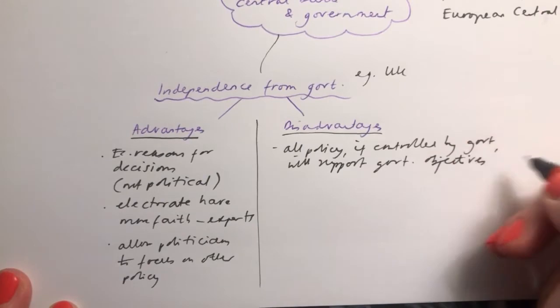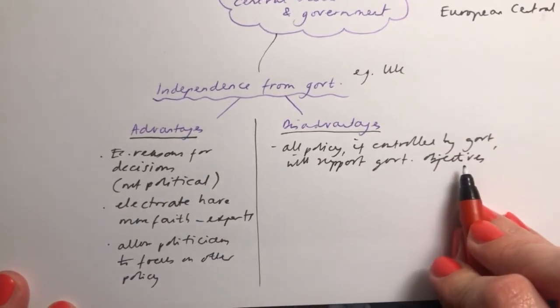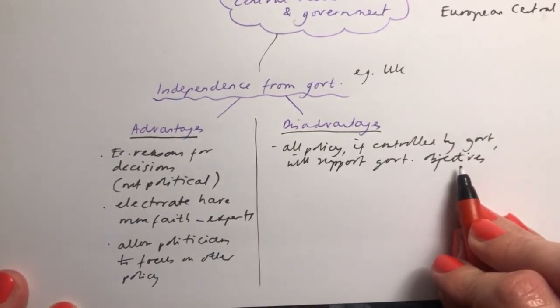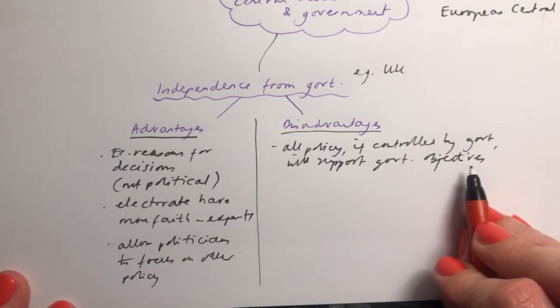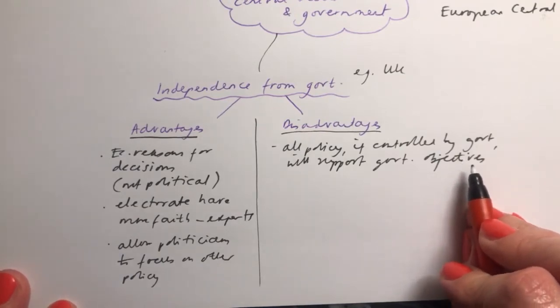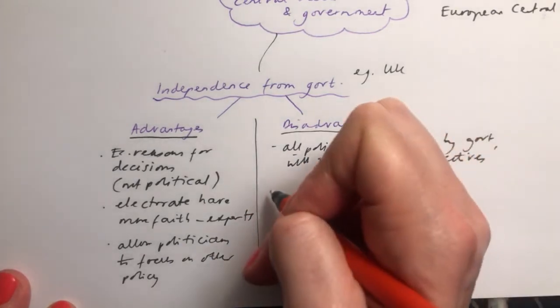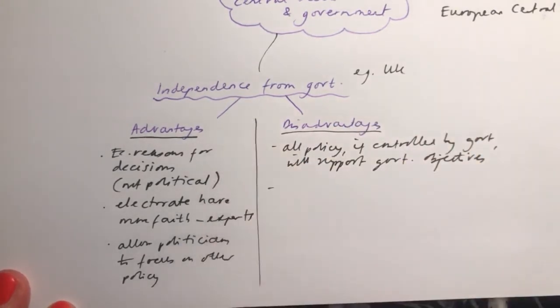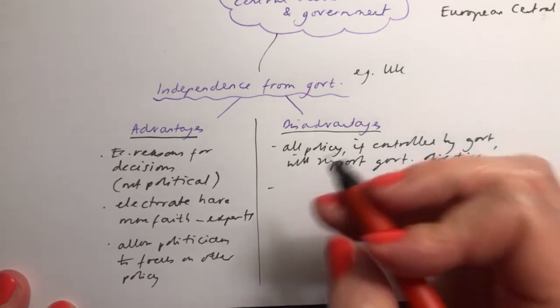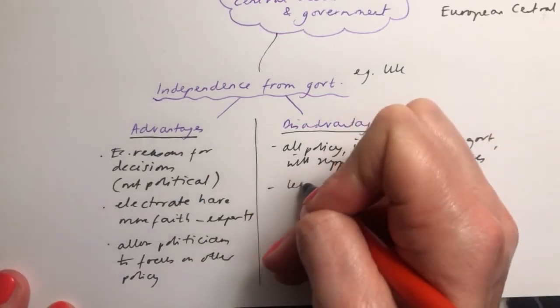There can be no doubt, because the people who will be making the decisions are the politicians themselves, and they will know that whatever's decided from a monetary policy point of view will support what the government wants to be doing.